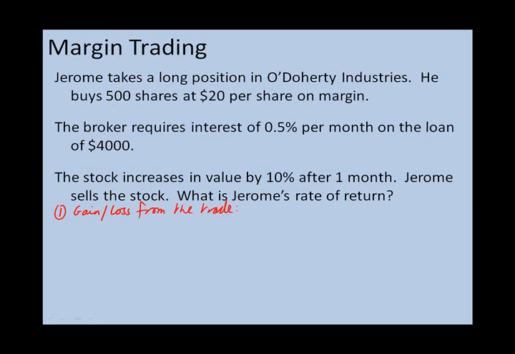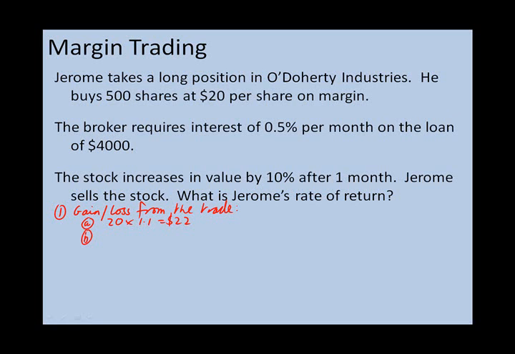Doherty Industries increased in value by 10%, so that means the stock price went from 20 to 22. And we know that at that time, Jerome then sold the stock at $22 to get rid of his position.